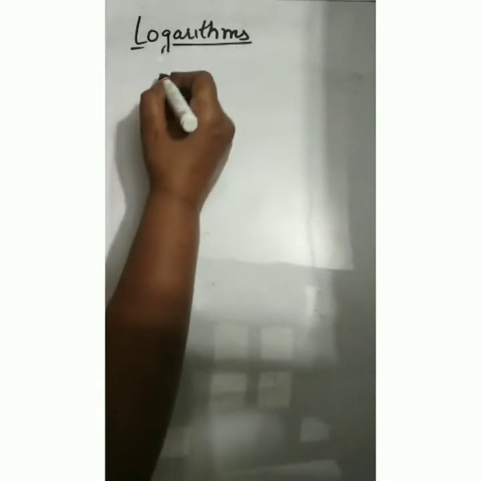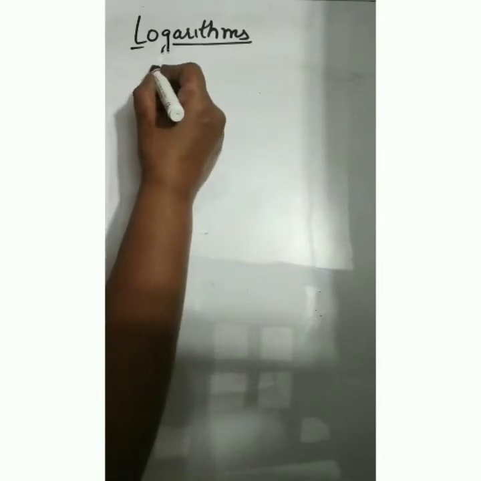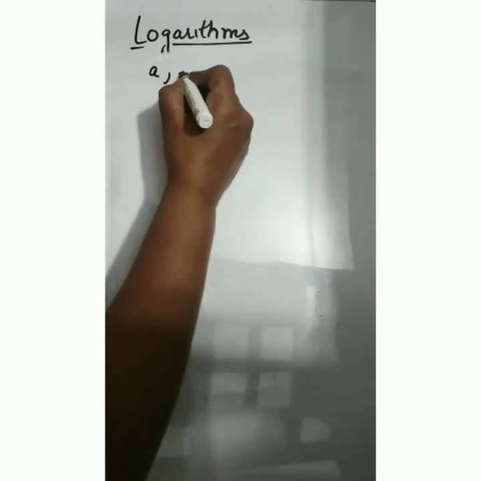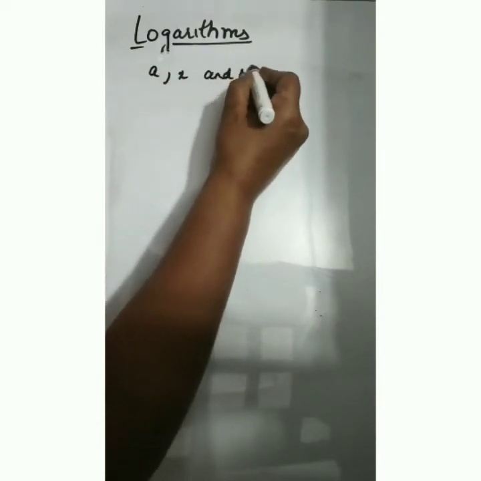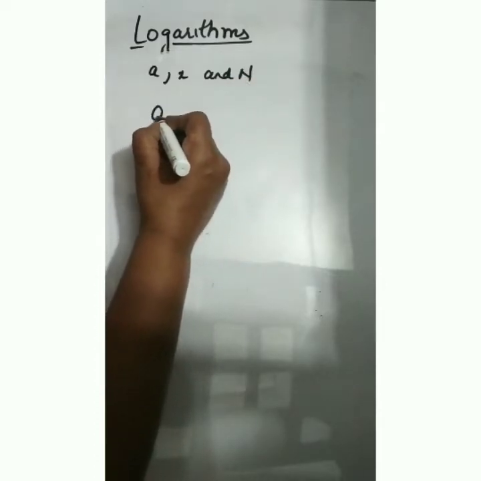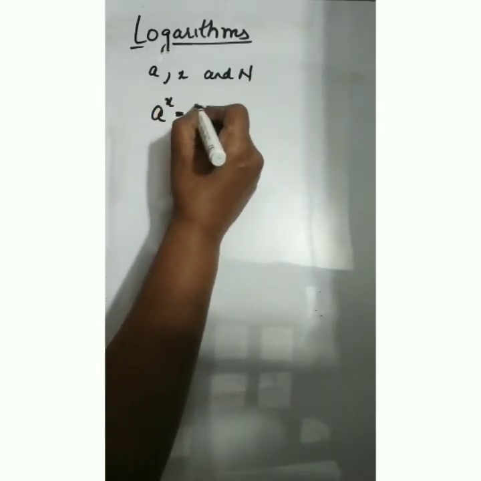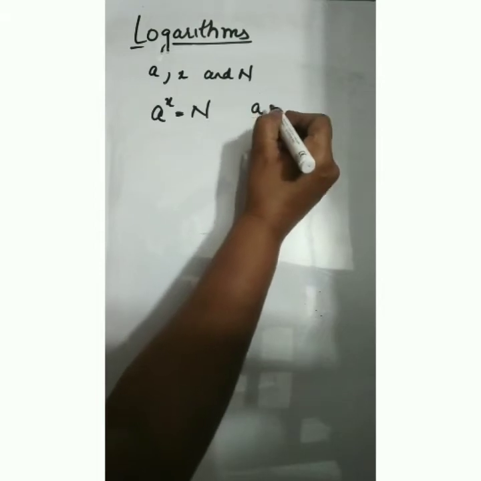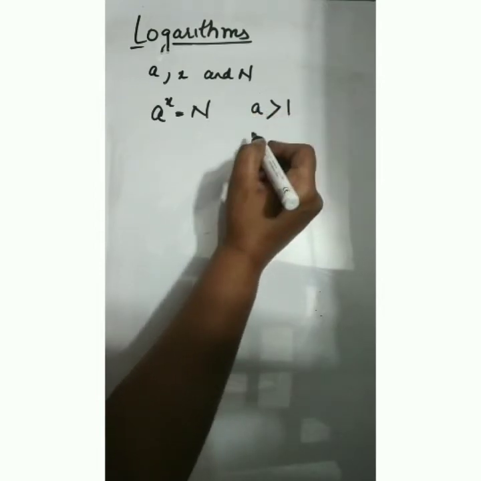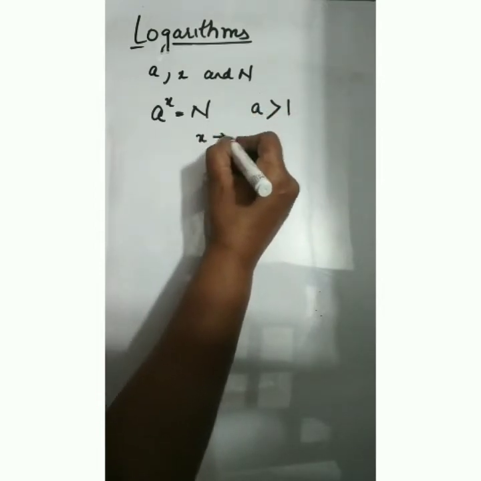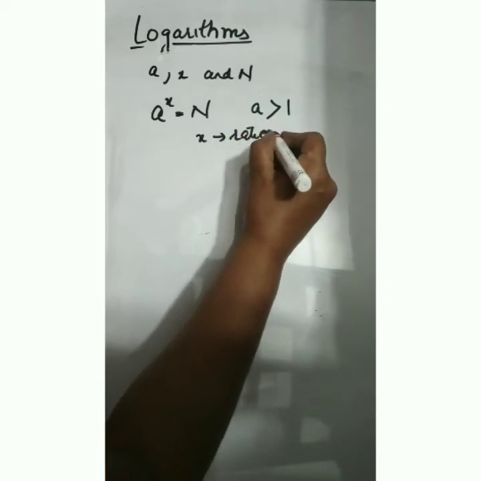Right? Now, generalizing. Let us take a general example. Suppose we have 3 numbers a, x and n, which are related as a to the power x is equal to n, where a is any number which is greater than 1 and x is any rational number.